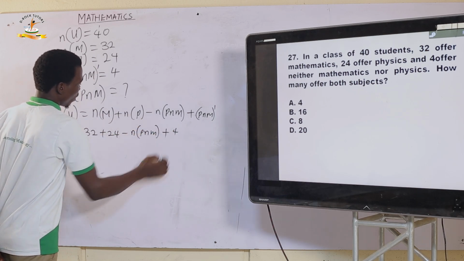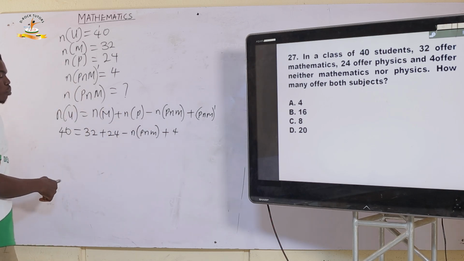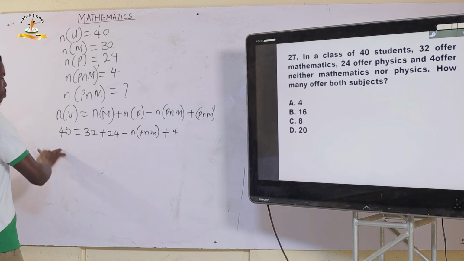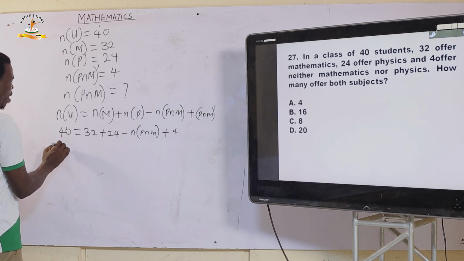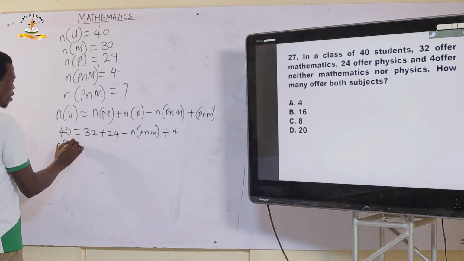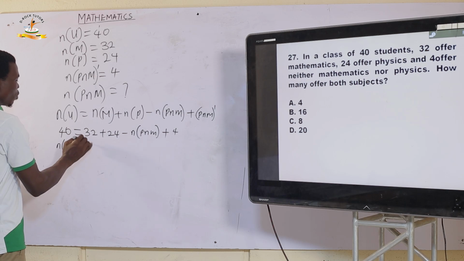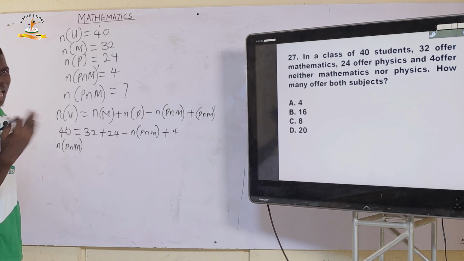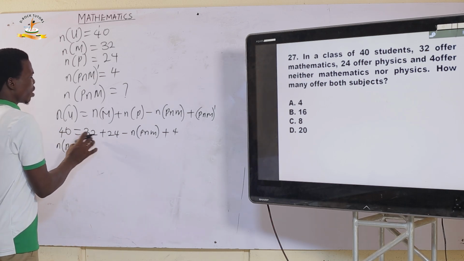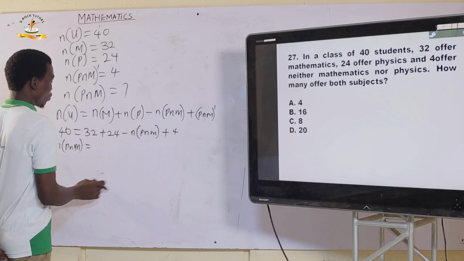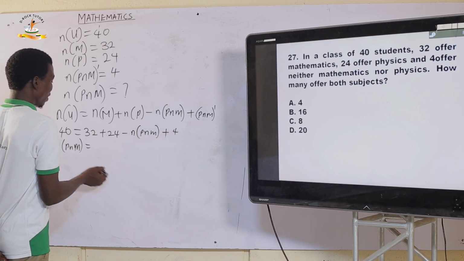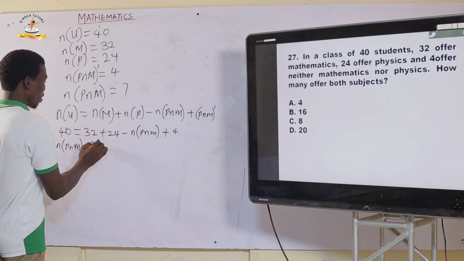So I simply write number of P intersection M, then I write plus 4. With this, I can bring my P intersection M to this side and bring 40 to the other side. So I have n of P intersection M, which are the people that are offering both physics and mathematics, is going to be 32 plus 24, which is 56. 56 plus 4 is 60.